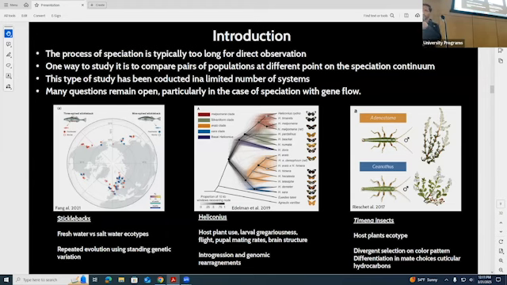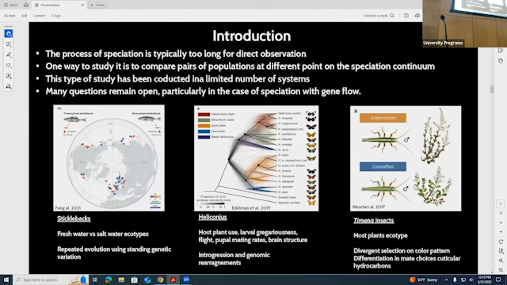And then you can study their phenotypic divergence, genomic divergence, and so on. This type of study has been done only in a few systems, and we need to learn more by adding systems.